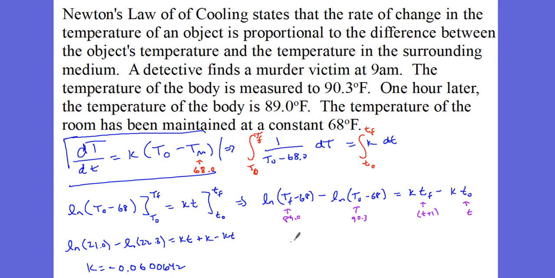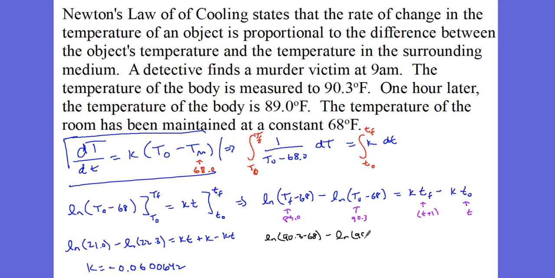That's all it is. Now, I'm going to use the same general equation to find out what time this dude died at. So I have natural log of the final temperature. Well, I'm going to use for the final temperature this 90.3, if that's okay, minus 68, minus natural log of the initial temperature, because I know that at time 9 a.m. is when he's 90.3. What was the initial temperature of the body?